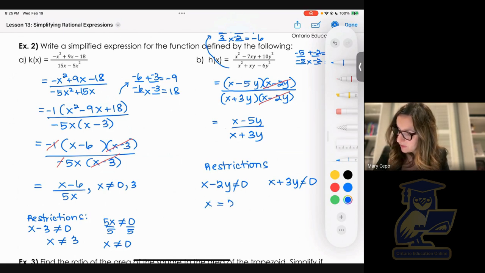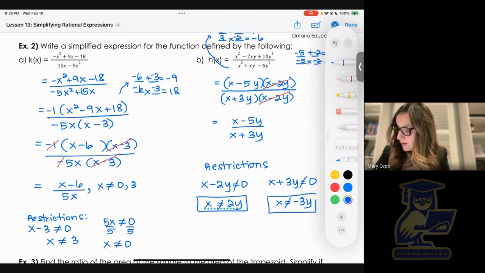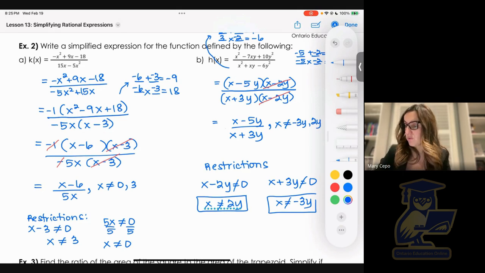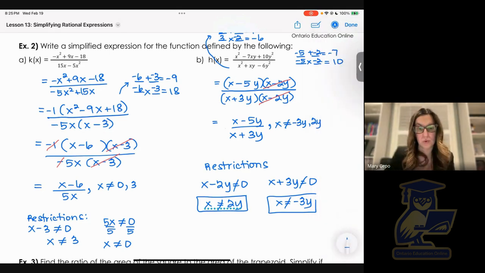Well, x equal to 2y would result in the denominator equaling 0, or x equal to negative 3y. So simplified, x can be anything, but x cannot equal negative 3y or 2y. Otherwise, the denominator would equal 0.